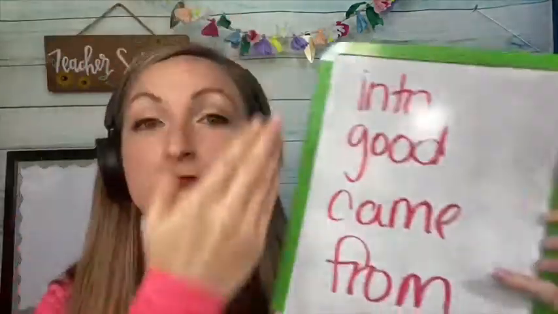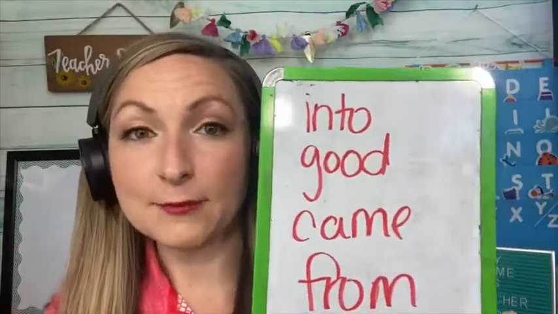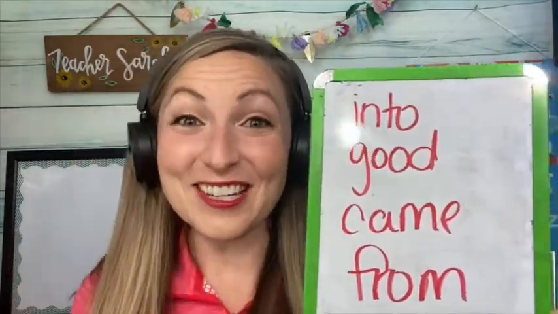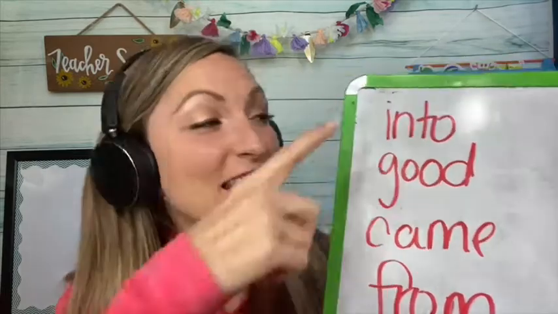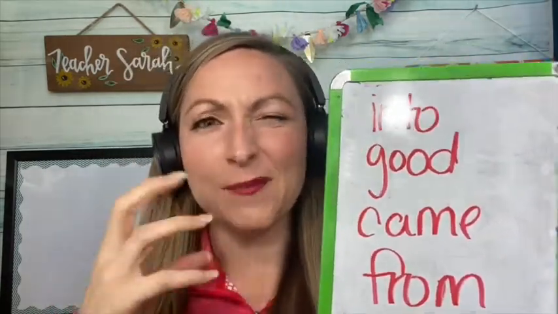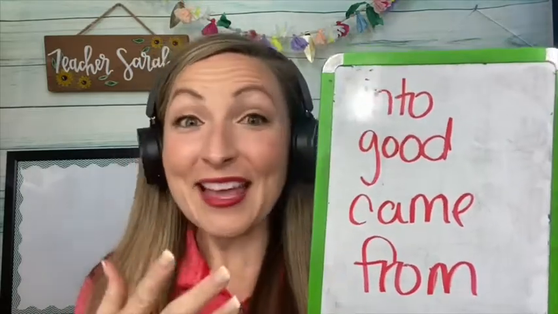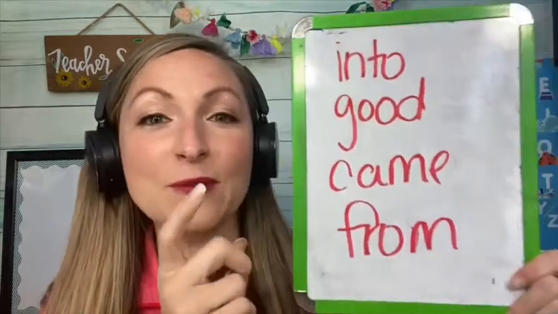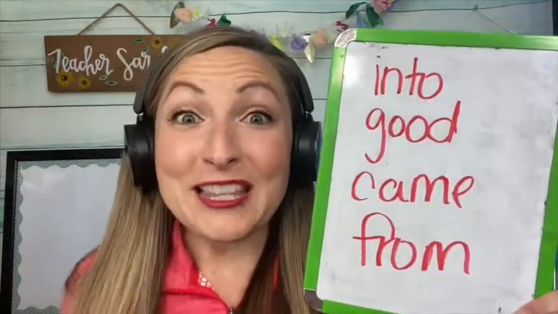This is a suggestion, but what I do at the beginning of my videos is after I introduce myself, I will hold up the sight words on my whiteboard and I'll just say, okay, but first we are going to practice our sight words. And then I do different things every time. I try to make it fun and kind of game-like. I'll say, let's read these words. Into, good, came, from. And then I'll say, let's read them fast.